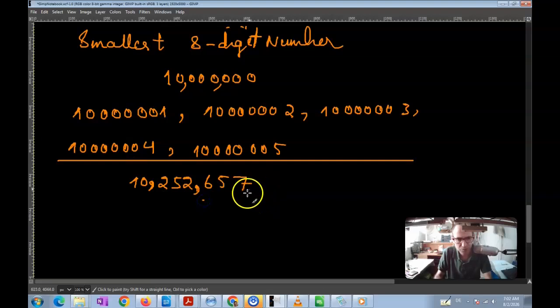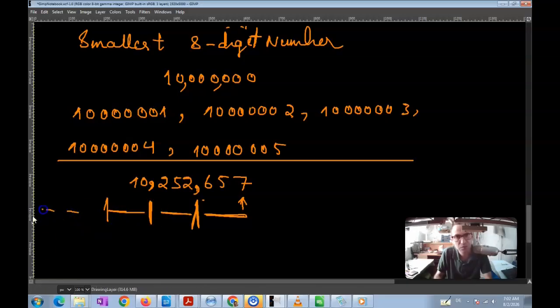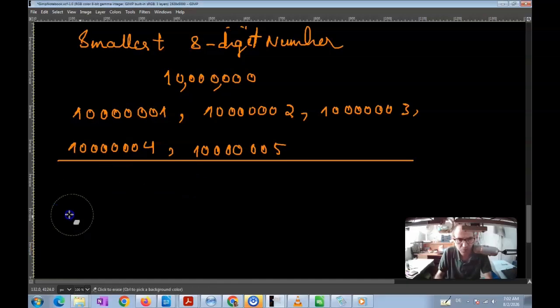Starting from the ones place value, I count 3 digits and put a comma over here. Again, I count 3 digits and put a comma over here. Again, I count 3 digits, and so on. This way you know what you're doing.